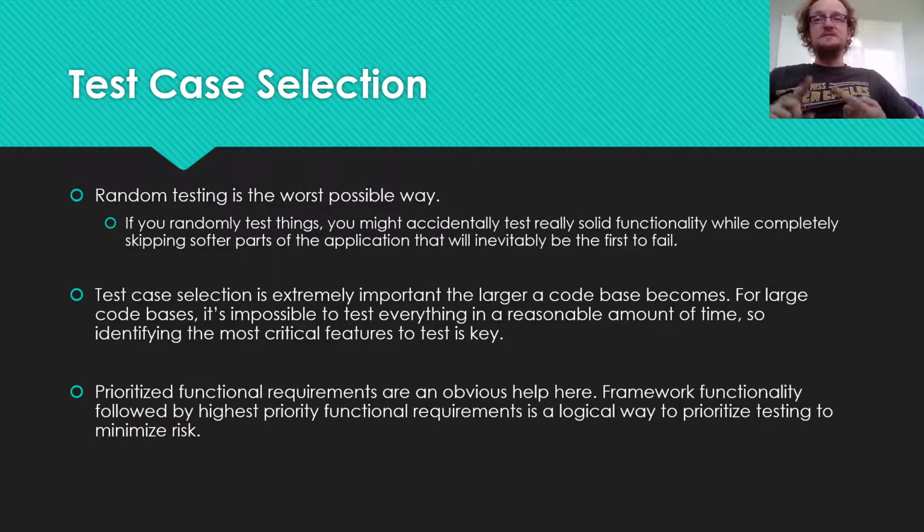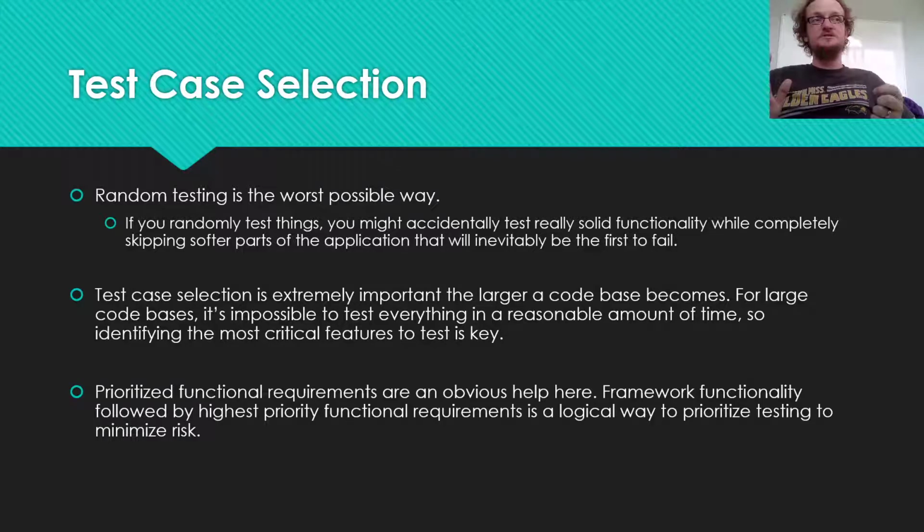So test case selection itself obviously becomes a much larger problem the larger your code base gets. If you're looking at 10 million or 12 million or 15 million lines of code, you obviously can't test all of that top to bottom between minor releases. So test case selection is basically the idea that you're going to test maybe 35 or 40 or 50% of the application, and you need to carefully select the pieces of the app, be it code, classes or methods, or use cases and requirements.